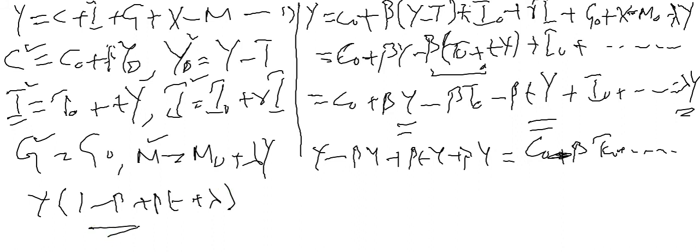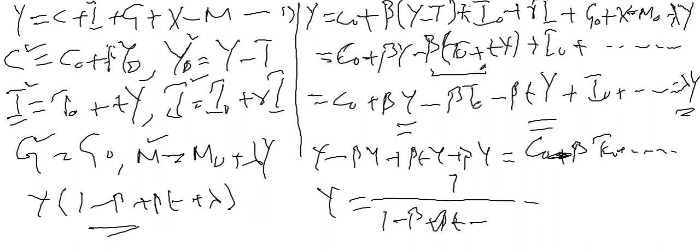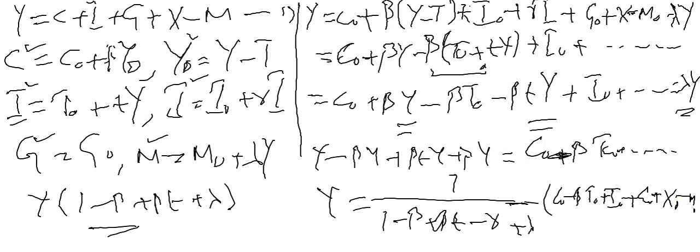Now write that Y is equal to, I am writing the whole equation here, 1 over 1 minus beta plus beta t minus gamma plus lambda, into C naught minus beta T naught plus I naught plus G naught plus X naught minus M naught.